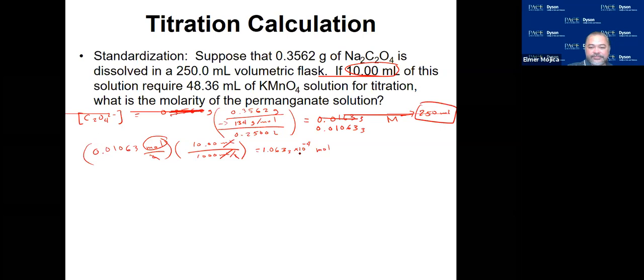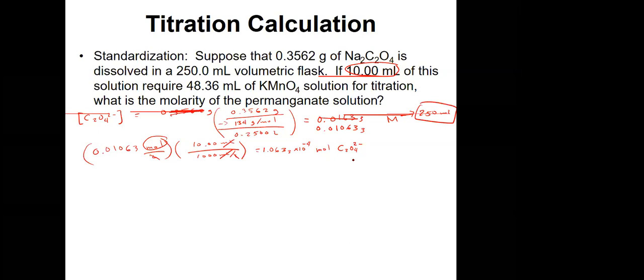Now, why do I need to do this? Why do I need to get the moles of the oxalate? What's the main reason? Because in titration, between the moles of the analyte and the titrant, there's a specific ratio. Very good.